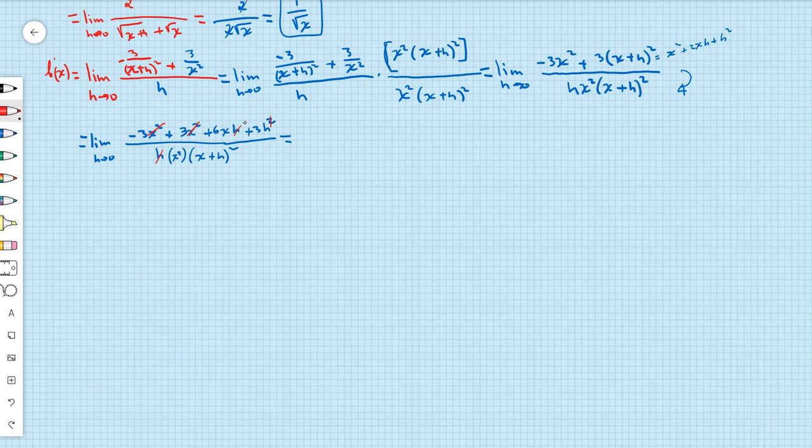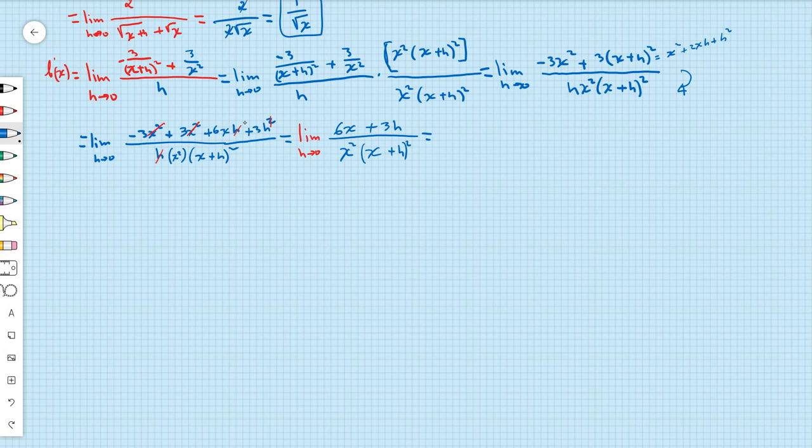So at the numerator we'll have the limit when h goes to 0. Change color. We're left with 6x plus 3h, right? And at the bottom we'll have x squared times x plus h, everything squared.